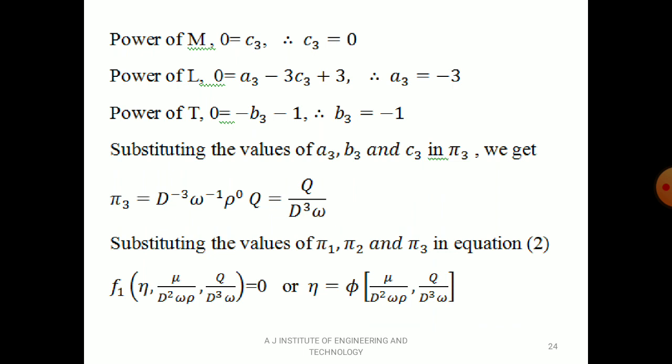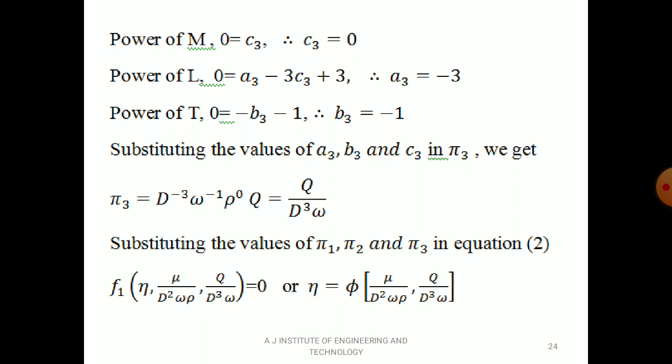So what are we going to get? Substituting the values of pi 1, pi 2, pi 3 in equation 2, we get f of eta, mu divided by d square omega rho, q divided by d cube omega, equal to 0. So the first pi term is eta, the second pi term is mu divided by d square omega rho, and the third pi term is q divided by d cube omega.